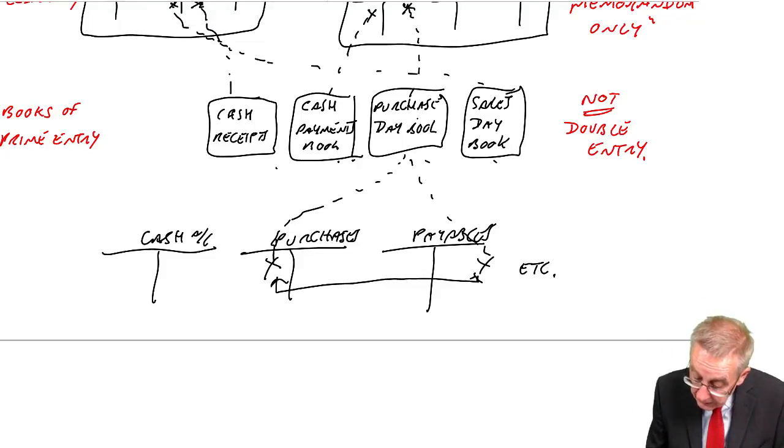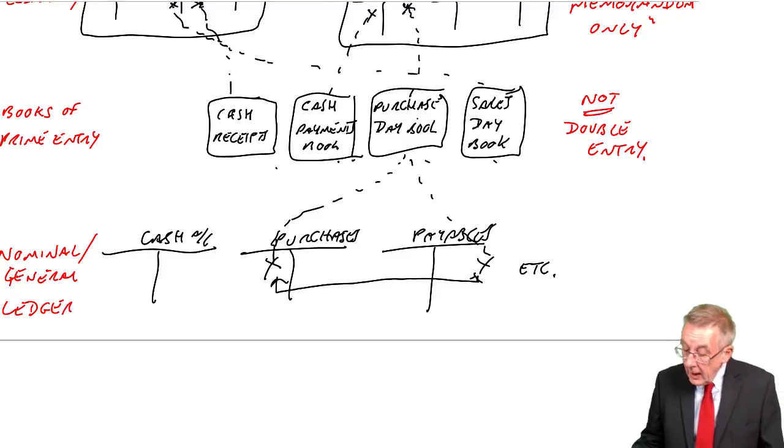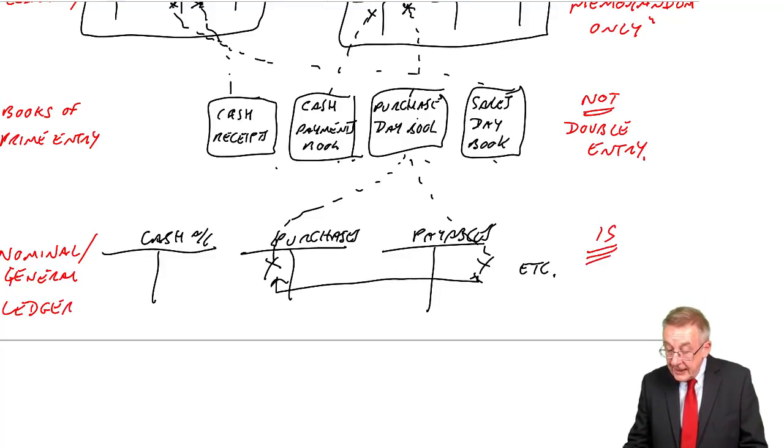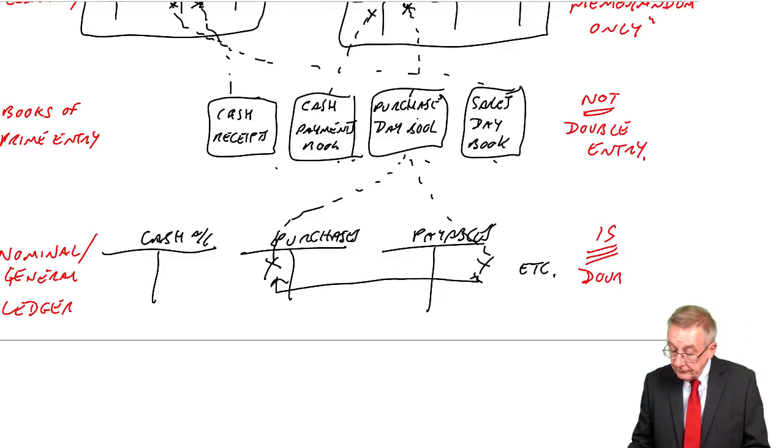So where are we? This is the nominal or general ledger. And of course, this is double entry.